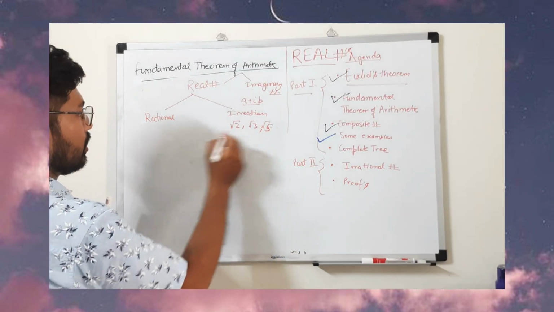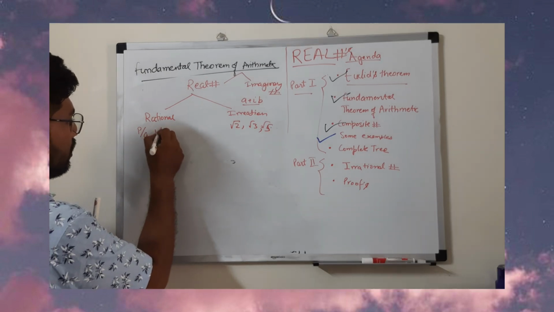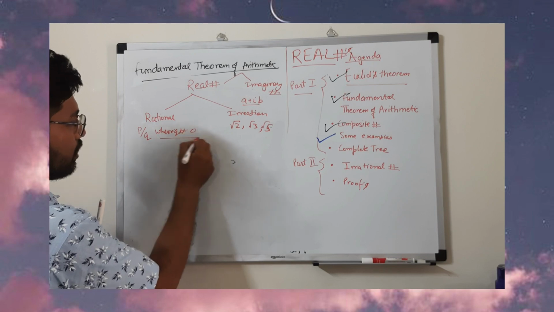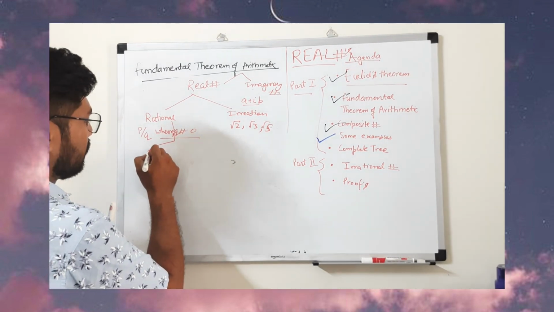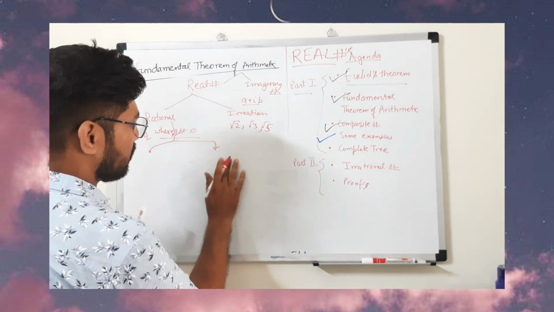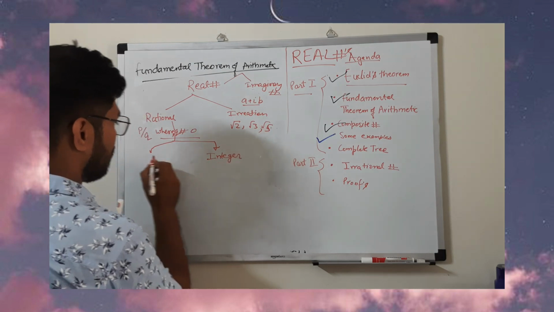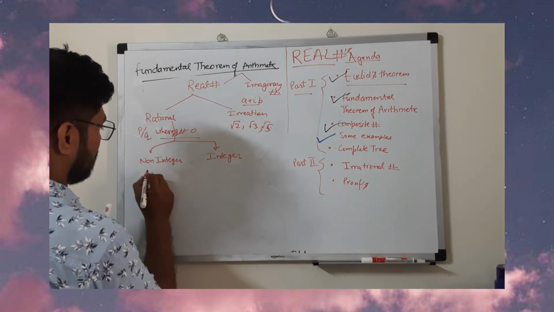Rational numbers can be represented in the form of P by Q, where Q is not equal to 0. The rational numbers we can divide into integers and non-integer rational numbers.